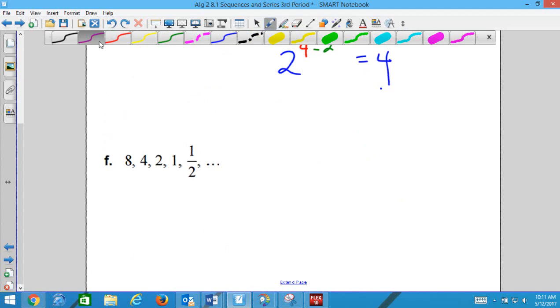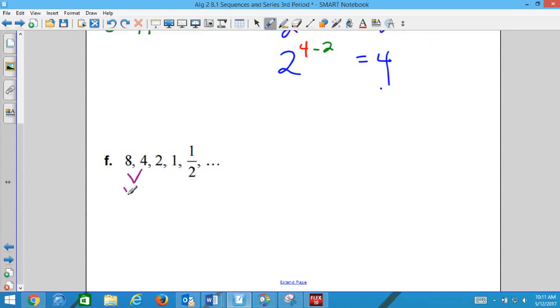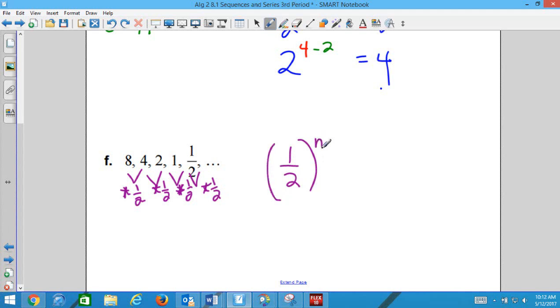I don't really have a divide by rule, but I do have a multiplication rule. If you're multiplying by the same number each time, it's going to be that number to the exponent. So instead of dividing by 2, we can multiply by half. So I'm going to start out by saying it's got to be 1/2 to an exponent, but I might have to change things.